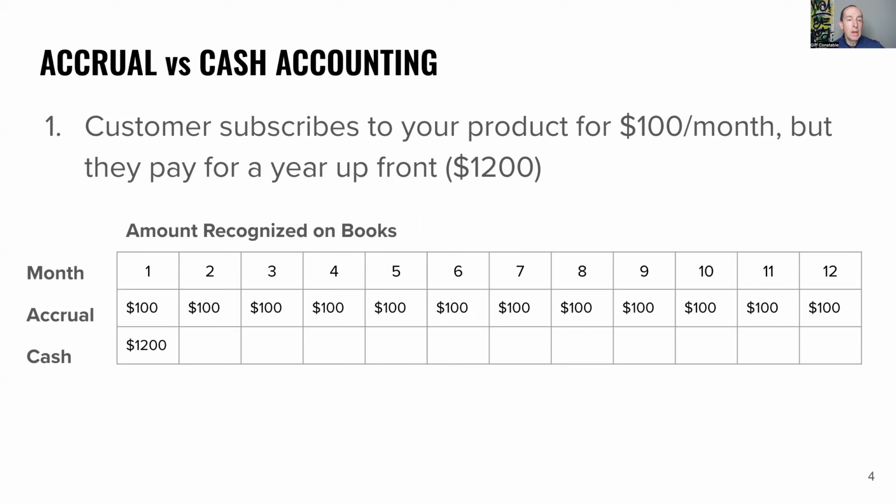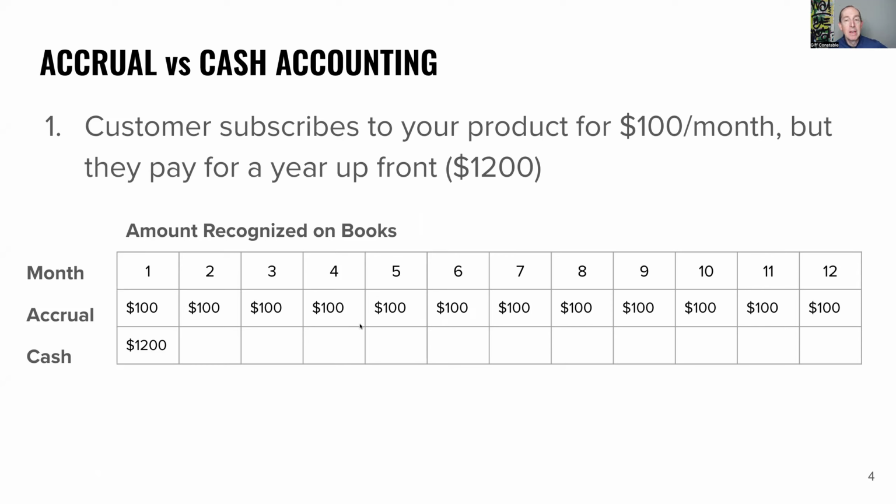Okay, so in our case, we've been paid $1,200 up front, but under accrual accounting, we take $100 for each month that the product is used over the course of the subscription. It doesn't matter whether someone pays us up front or in the middle or at the end. It has nothing to do with the timing of when the actual cash moves. It simply is that there's an obligation. The customer's made a contractual obligation to pay $100 a month, and they're going to be using it over 12 months. So we spread it out over 12 months.